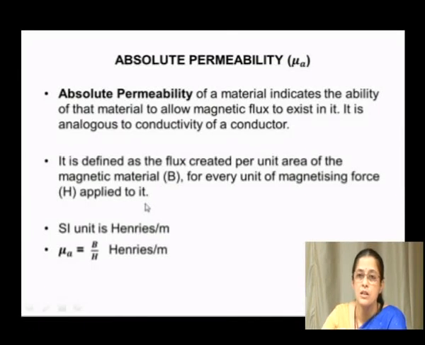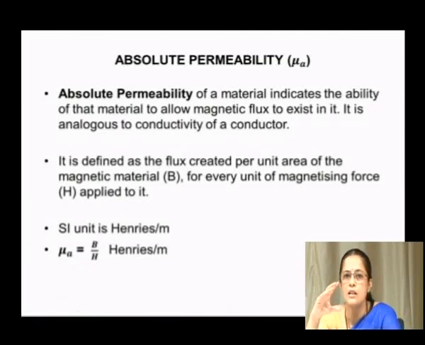Now, how much flux is going to be set up depends upon the amount of magnetizing force that is being applied to it. Thereby, permeability indicates what? The ability of the material to allow magnetic flux to exist in it.